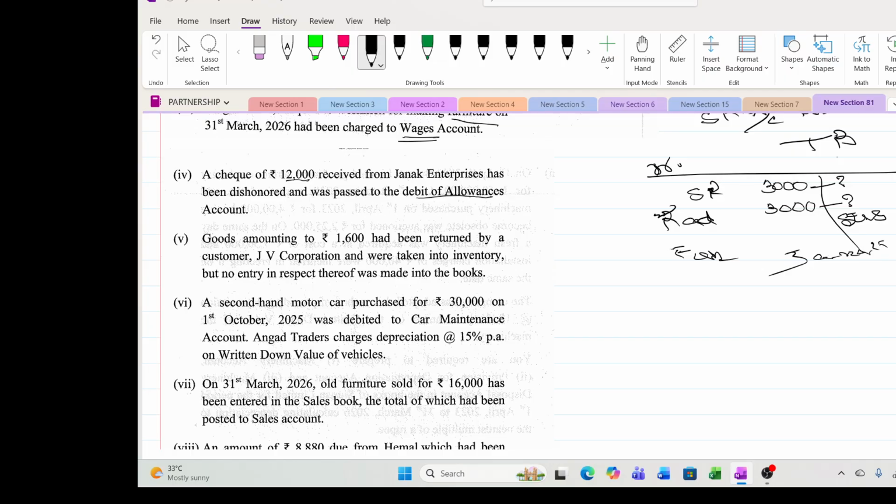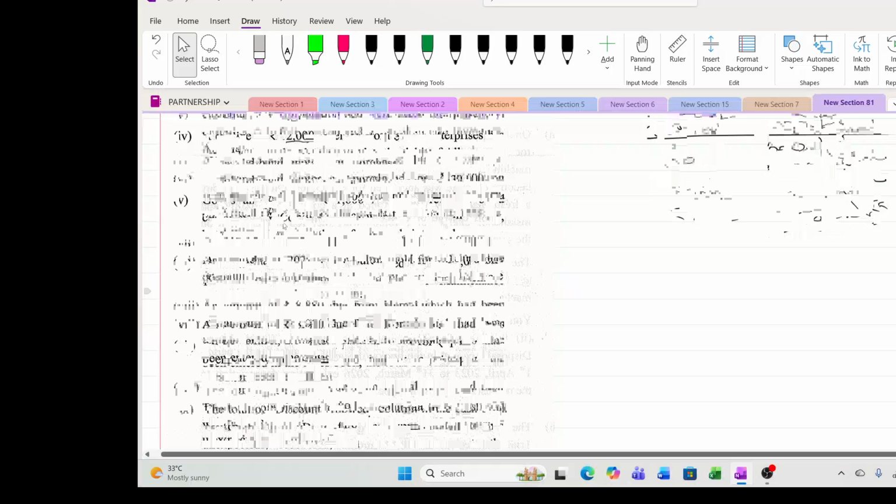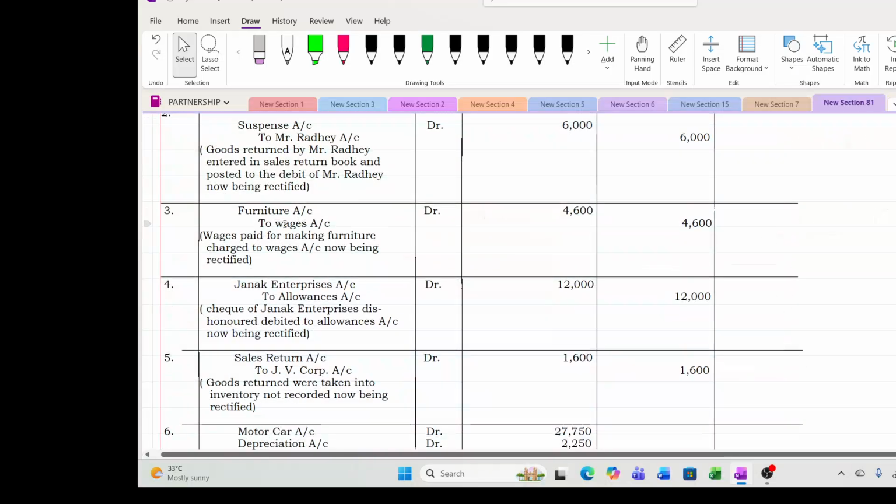So here again in the trial balance only the nomenclature is different. Instead of Janak, allowances was debited. So now what we have to do? We have to remove the allowances account and bring the Janak Enterprises. To remove the debit of allowances account, we have to credit the allowances account and debit the correct person, Janak Enterprises account, with 12,000 rupees.